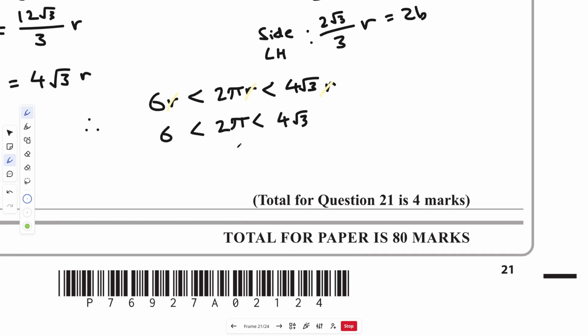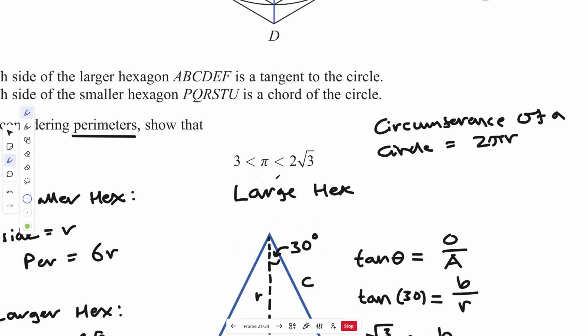Now the final step of this question is that we can divide through by 2 for everything, and that will give us 3 is less than pi, and pi is less than 2 root 3, which if we look at the question is exactly what they were asking for.